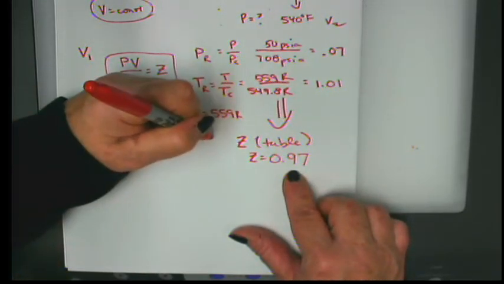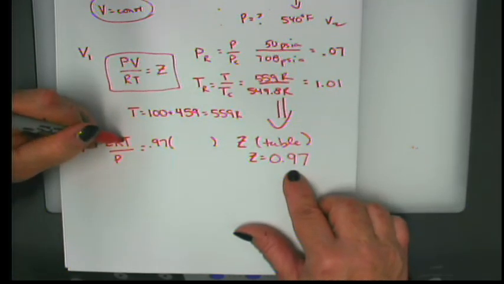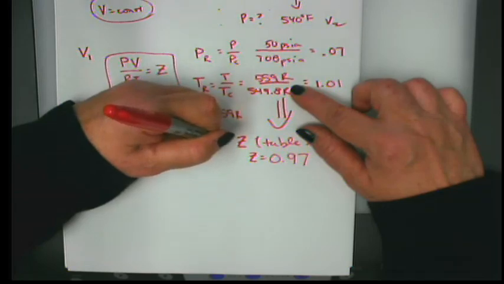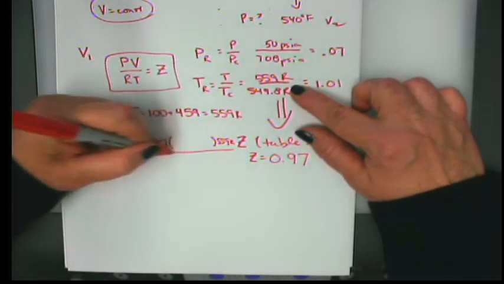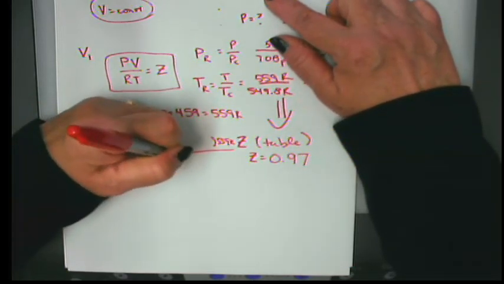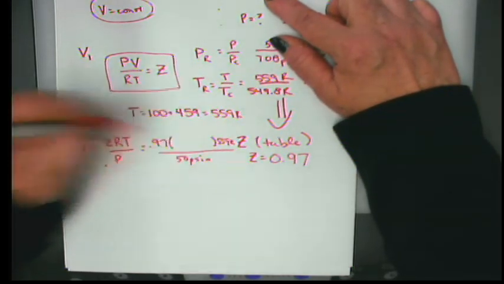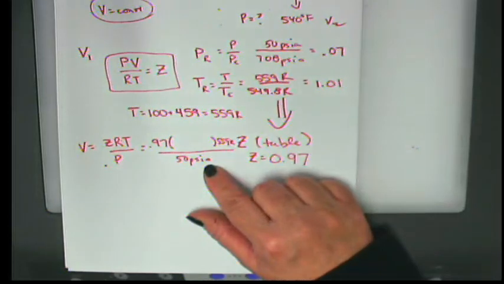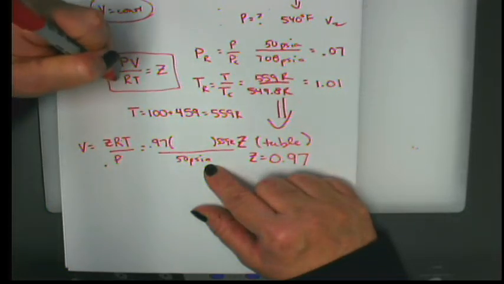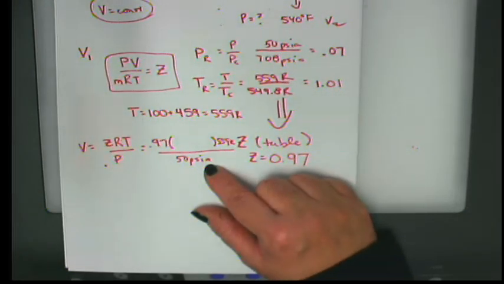Once again, I have to pick that out of my table, times my temperature, which I calculated to be 559 degrees Rankine, divided by my pressure, which initially is 50 psia. So I'm missing my M. PV equals MRT, the way I have it written here.